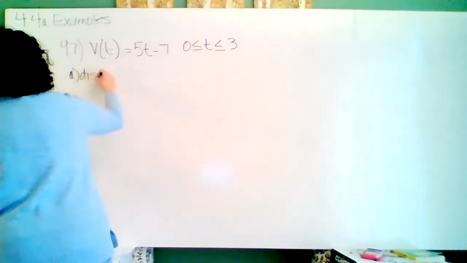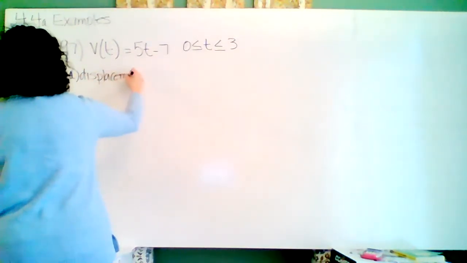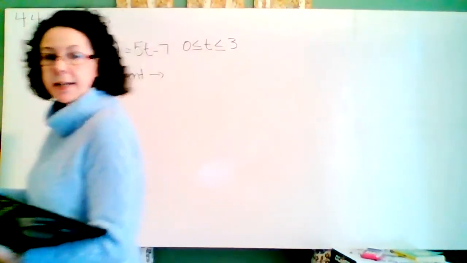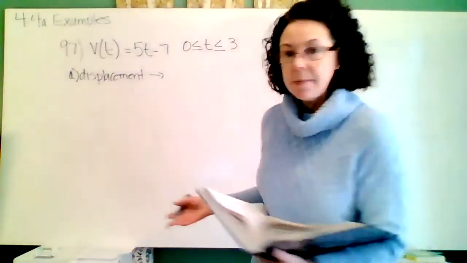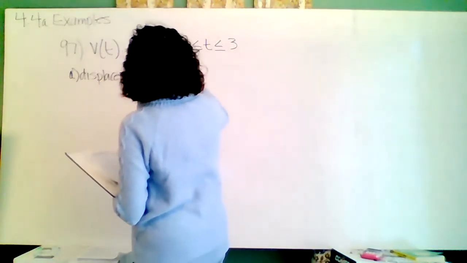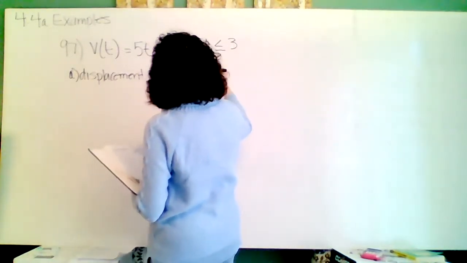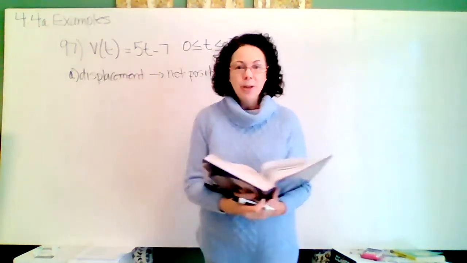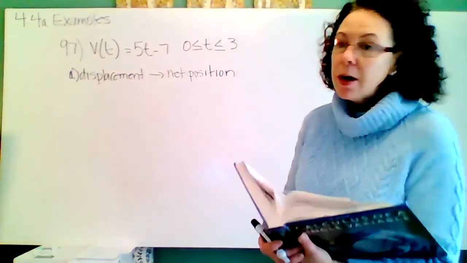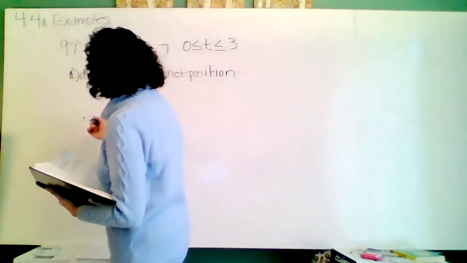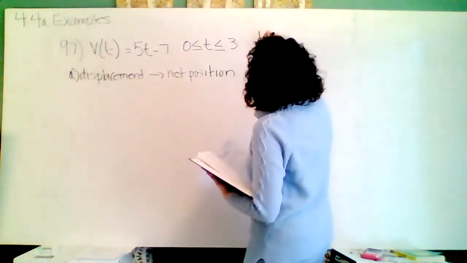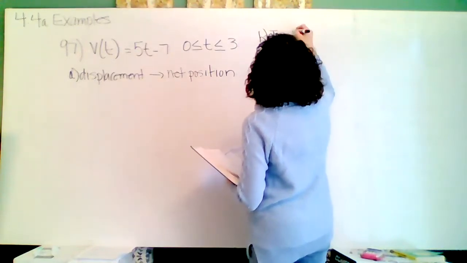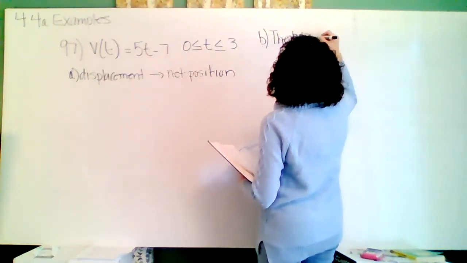Displacement. So you need to know what displacement is. Displacement, right, is when I displace myself. It is my net position. Now, we automatically know we're going to integrate, because if we have a velocity, we know if we integrate, we get a position. So we already know what our math is going to be, right? And they also want from us B, the total distance that the particle traveled.